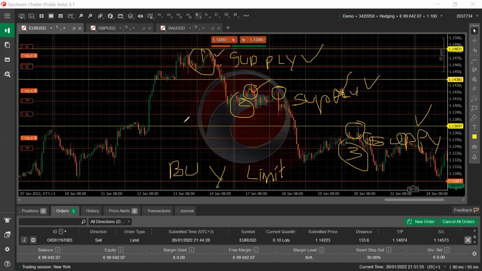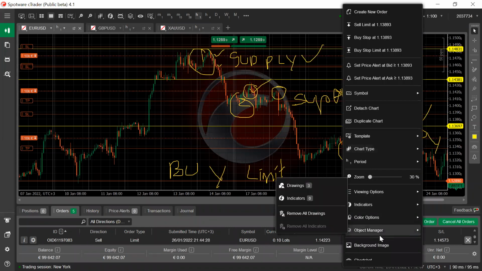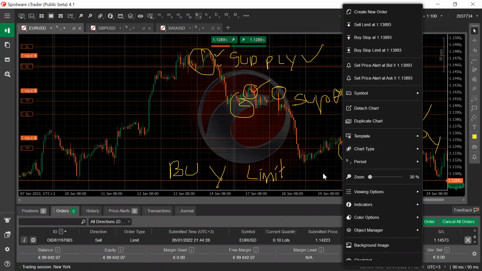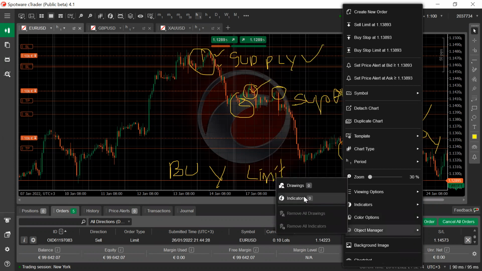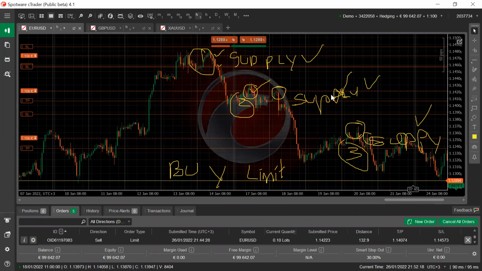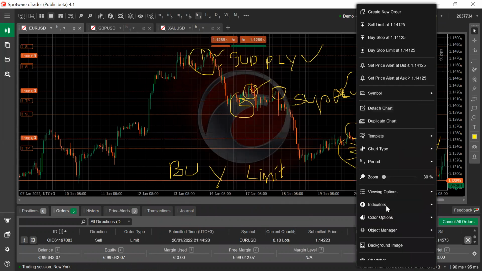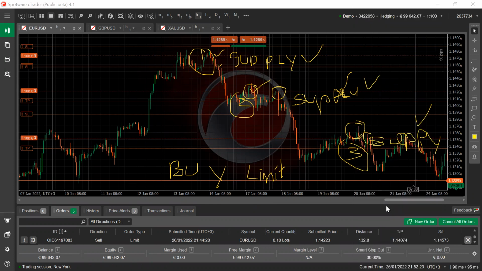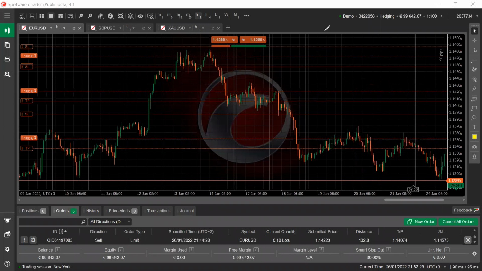Now, when we do the buy limit, it's the same thing, only in the opposite direction. So let me see if we have much time. Yep. Let me clear all this. Okay, good.